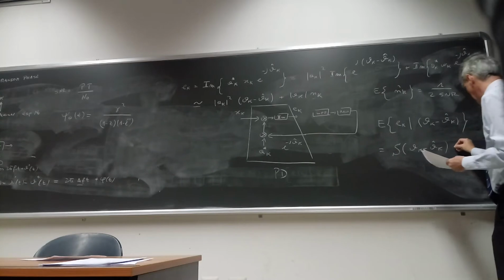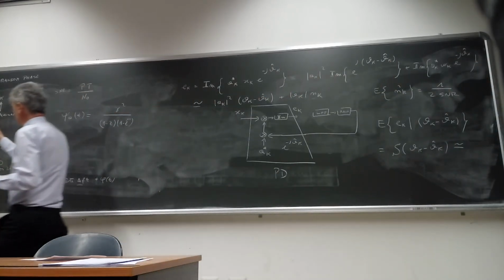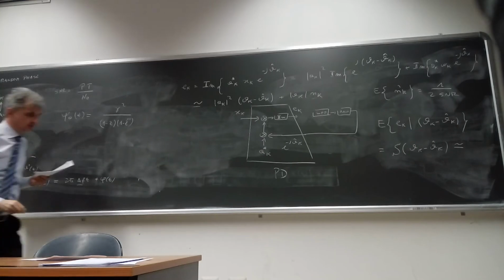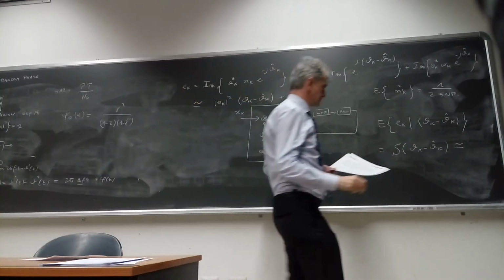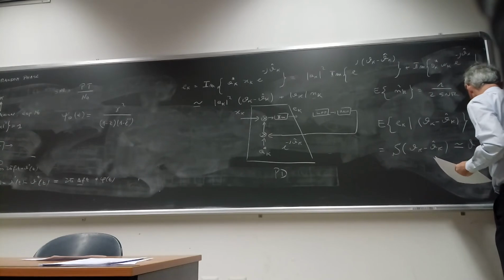For small error, we can normalize the QIM in this way: expectation of A equal to 0, expectation of A squared equal to 1. With this normalization, this S is close to theta minus hat theta.